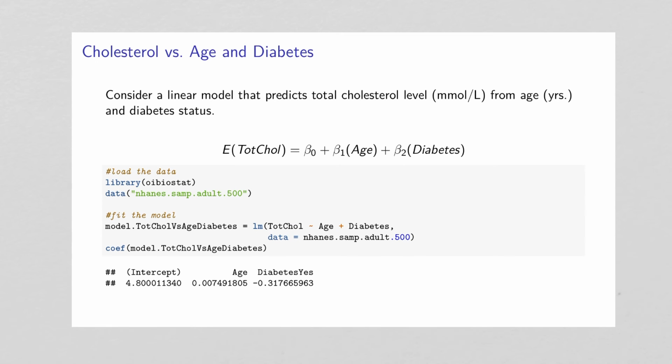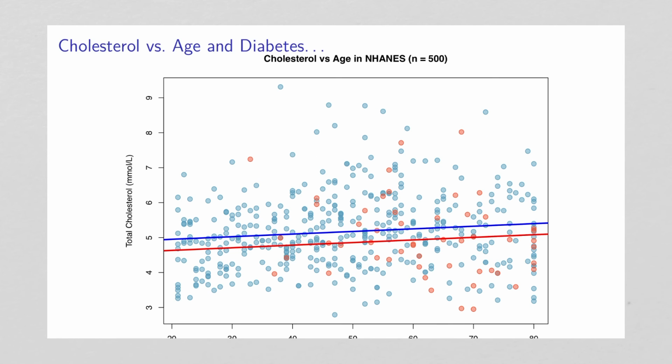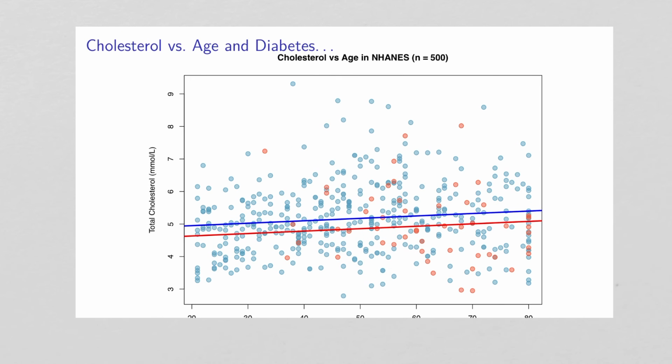So consider a linear model that predicts total cholesterol level from age and diabetes, right? I already showed you what the intercept is, age, diabetes. So you see the lines there, right? Pretty linear.